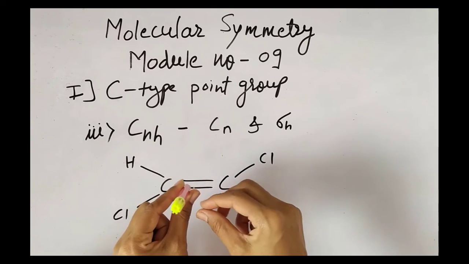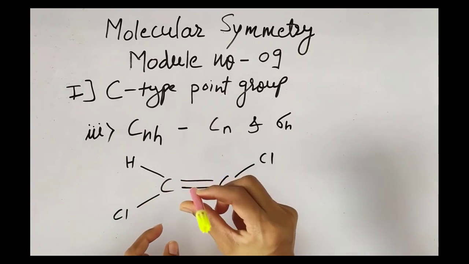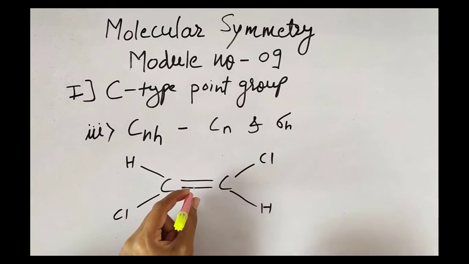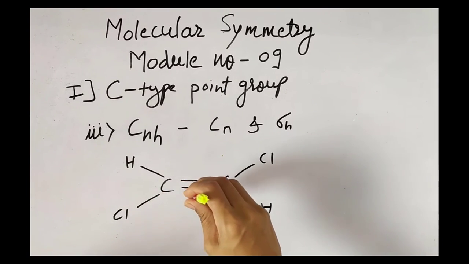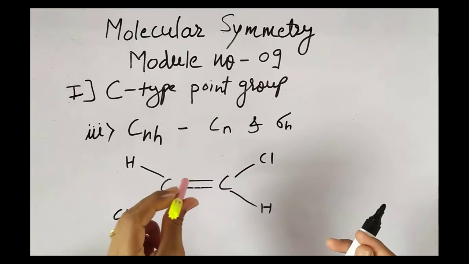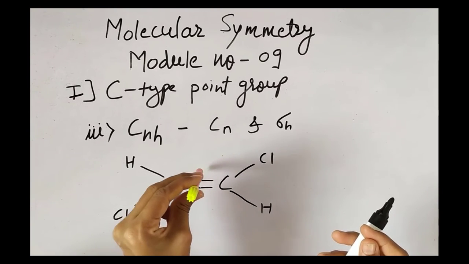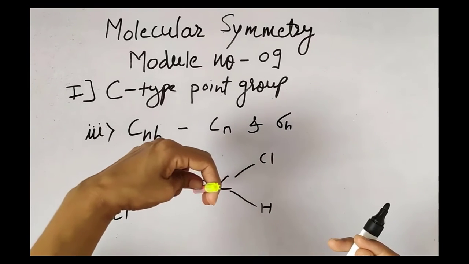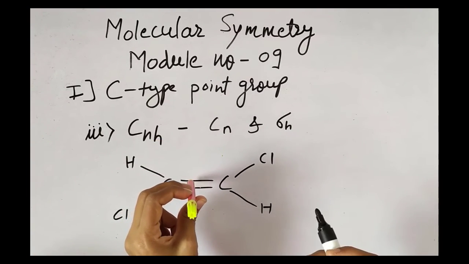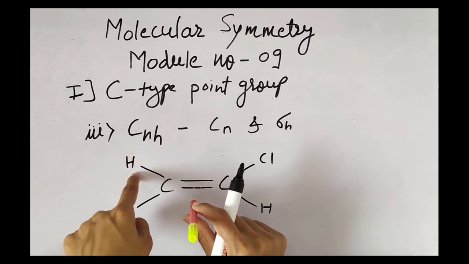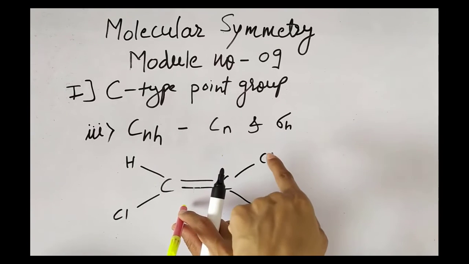By what angle will you have to rotate the molecule so that you get the same image? You will have to rotate the molecule by 180 degrees to get the same image. See, this is the principal axis. Rotate it slowly like this in the clockwise direction. Till when will you rotate it? If you rotate it by only 90 degrees, this chlorine will reach here and this hydrogen will reach here.